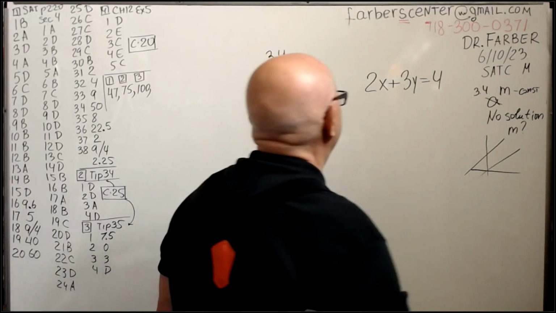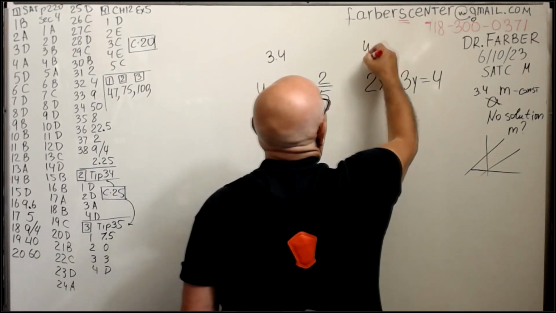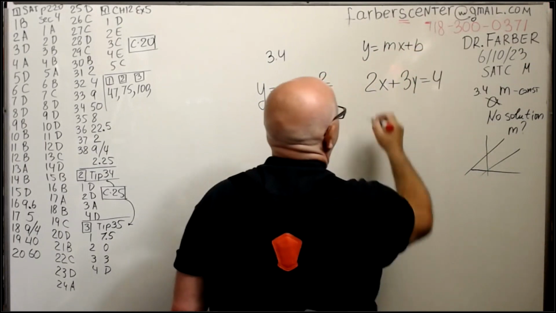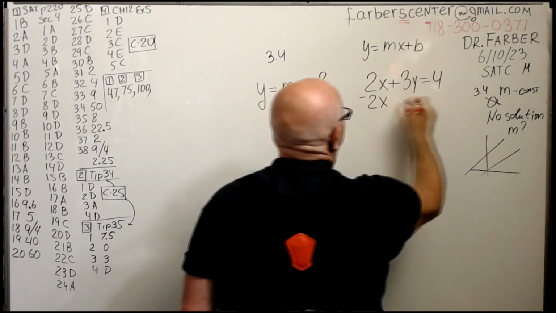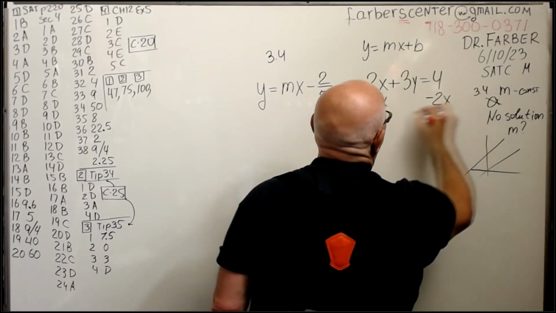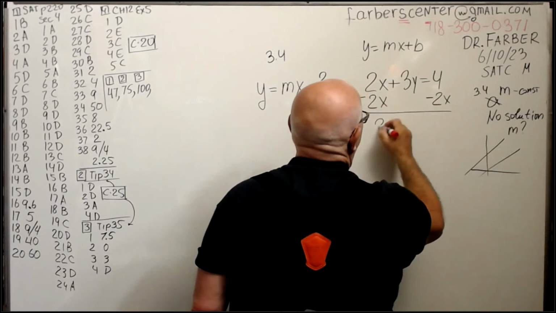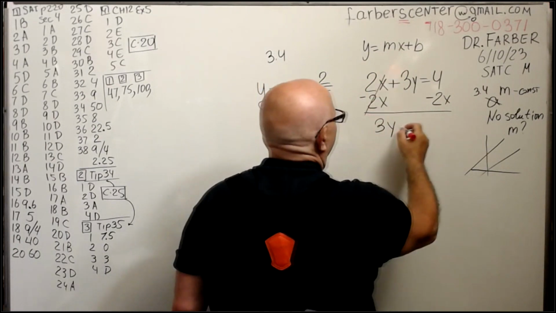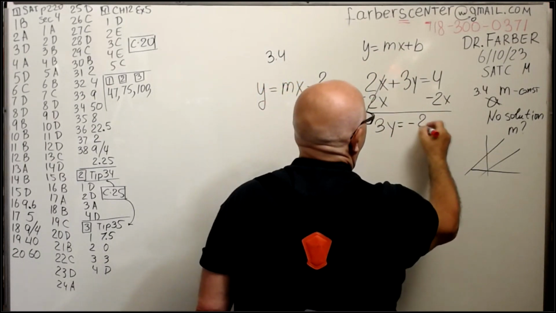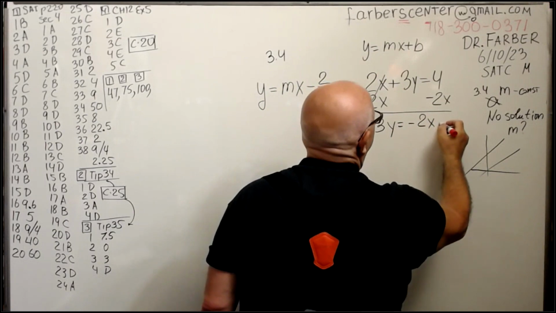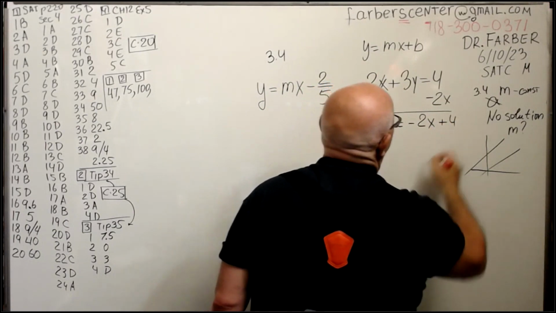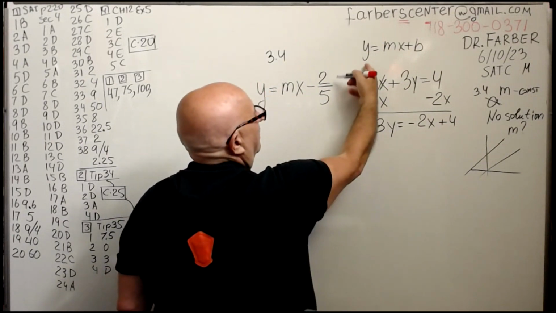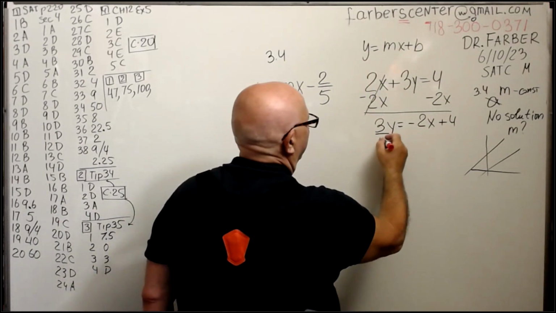So normalizing to the format y equals mx plus b, unscramble: minus 2x, minus 2x. You will get 3y equals negative 2x plus 4. And to have the canonical equation of a line, I divide each term by 3.